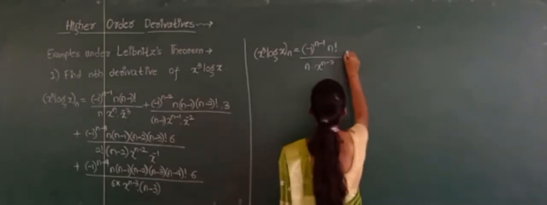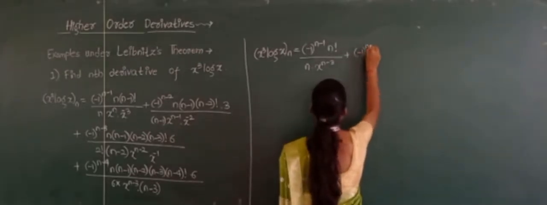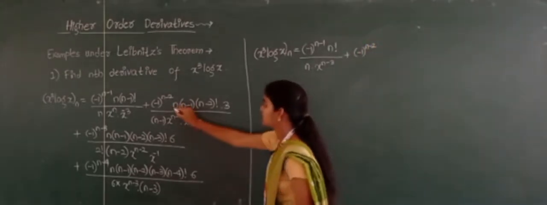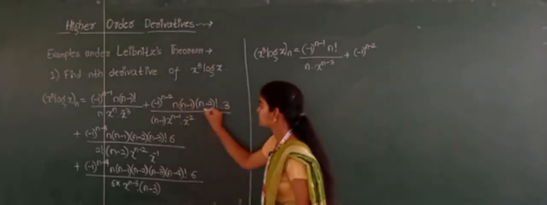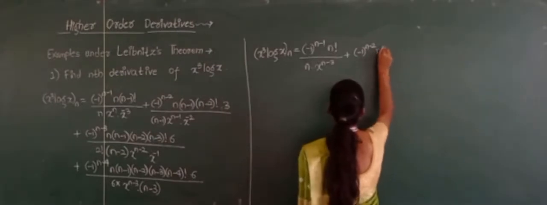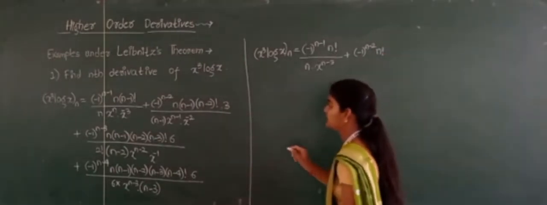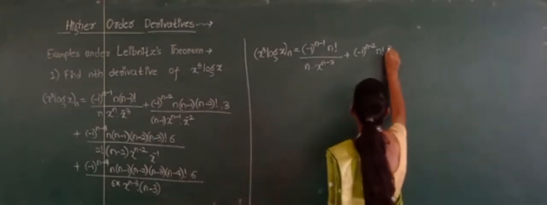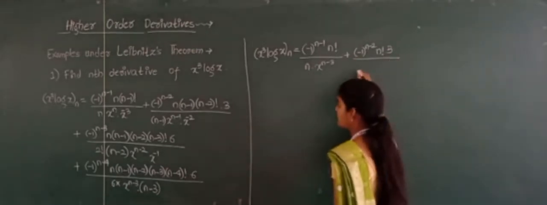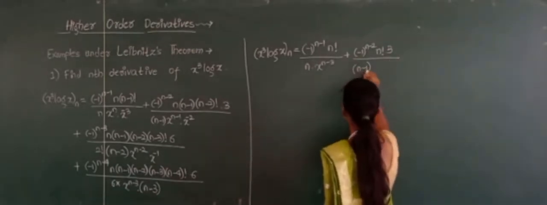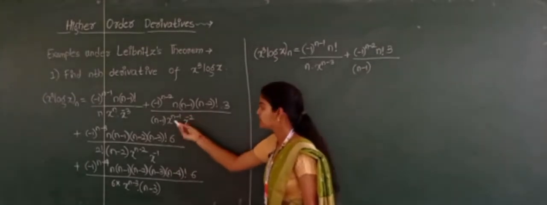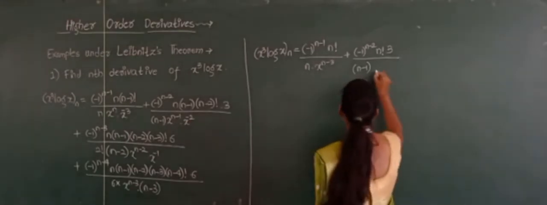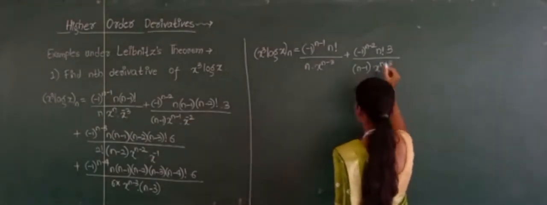Then next, plus minus 1 raised to n minus 2 and n into n minus 1 into n minus 2 factorial. Again this term is nothing but n factorial, and this 3 as it is, divided by n minus 1 into, see, again x raised to n minus 1 minus 2 we will get, and that is what value? x raised to n minus 3 again.